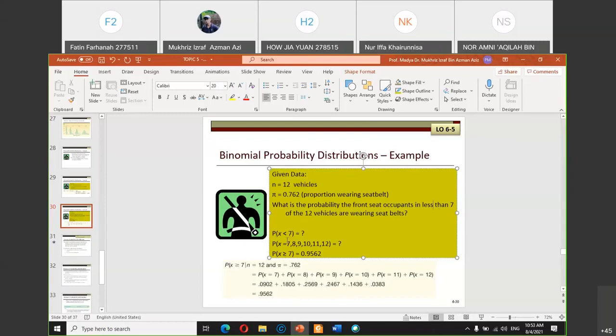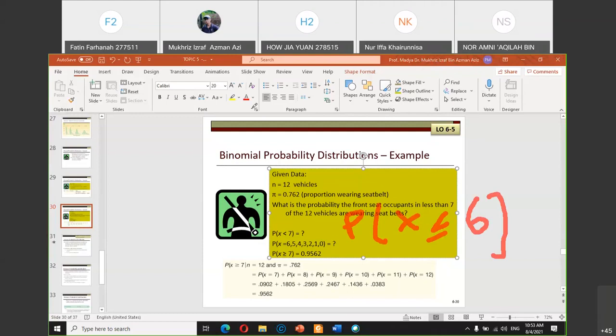So when less than 7, it will be from 6, 5, 4, 3, 2, 1, and 0, right? Meaning less than 7 means 7 will not be included. So you will start from 6 and below, 6, 5 until 0. So if you were to write this mathematically, what will the notation be? It will be P(X) less or equals to 6, right?